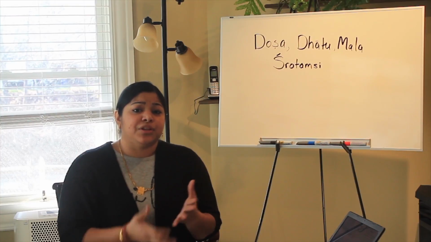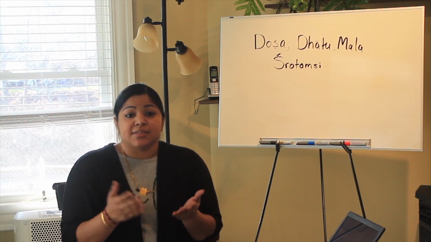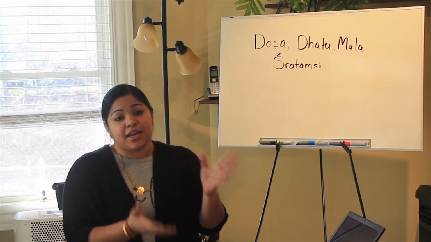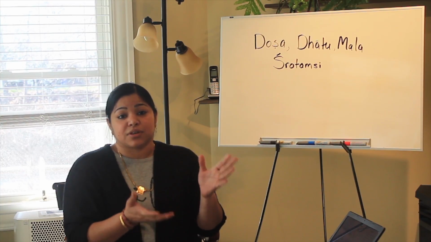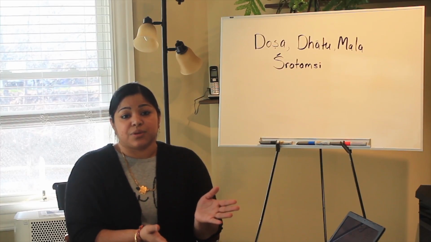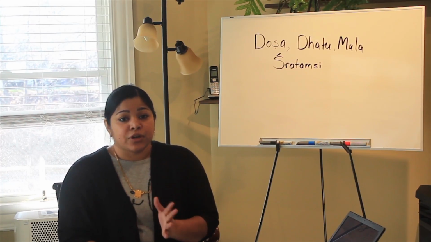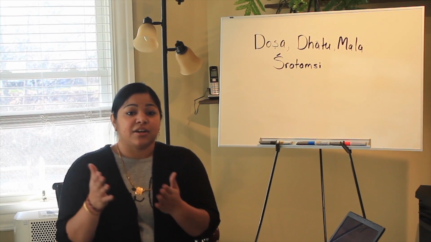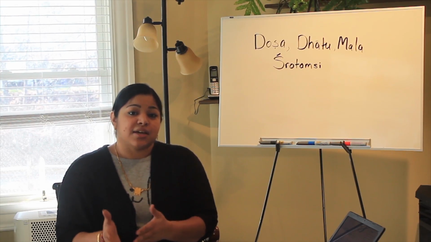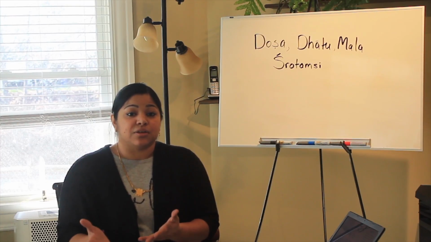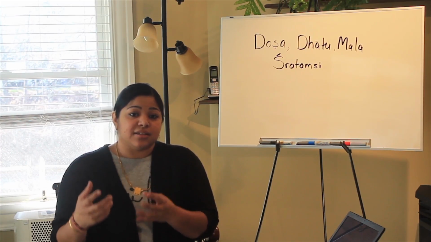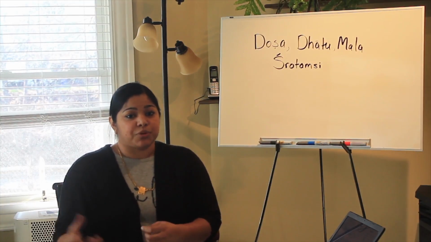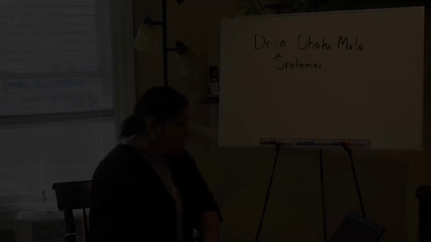So when we look at actual signs and symptoms in pathology, we'll notice that there are 80 signs and symptoms or conditions associated with Vata, whereas there are only 40 associated with Pitta, and even less, only 20, associated with Kapha. Because it's the most stable, it requires that much more variation to produce a pathology.